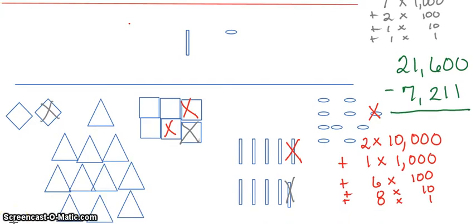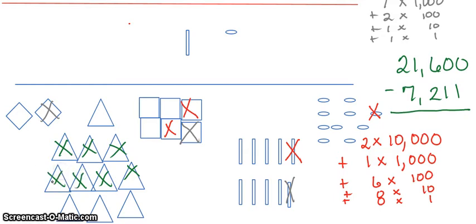So now that I have borrowed 10 thousands from one of the 10,000 pieces, I can take away 7. 1, 2, 3, 4, 5, 6, 7.